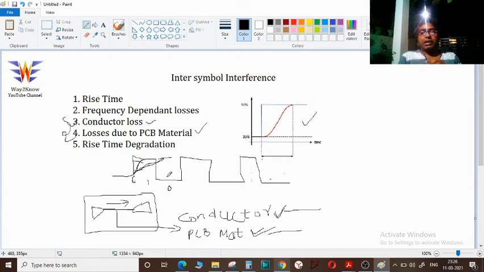Because of this, the channel becomes erroneous and the bit error rate is very high, which is a very important factor in high speed designs. We should have as low a bit error rate as possible, and as low rise time degradation as possible. In high speed designs, these two are the critical parameters. So how we handle the conductor loss and how we select the PCB material matter.